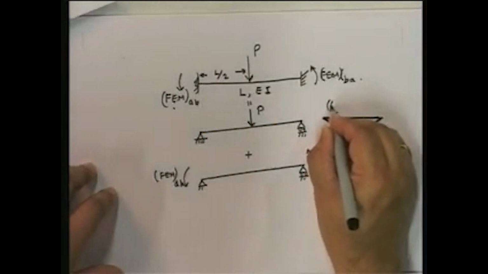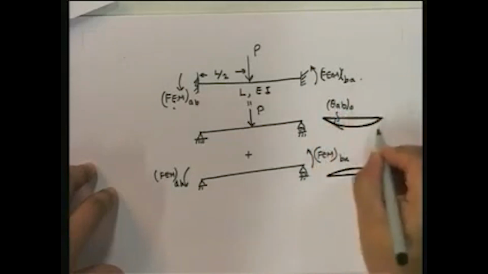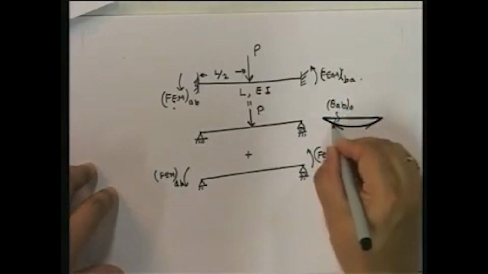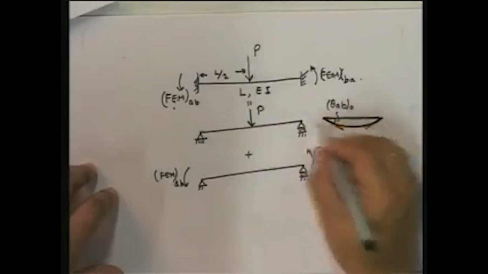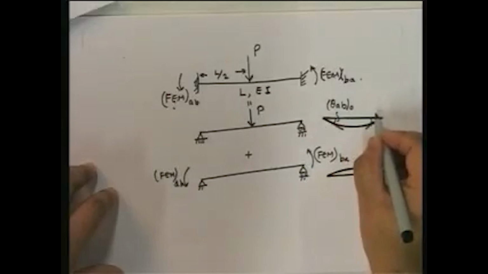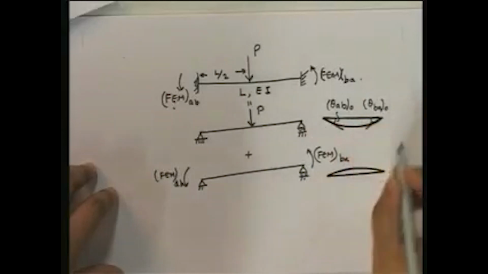So therefore, what we have to say is that we're going to compute theta AB 0 under the loading. Note that the way I have shown it, it's negative, because my positive is always anti-clockwise. And this is theta BA 0.